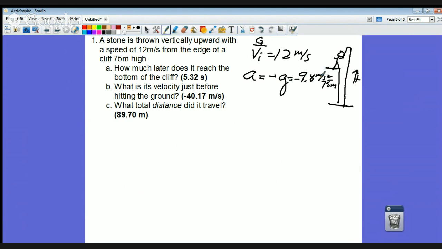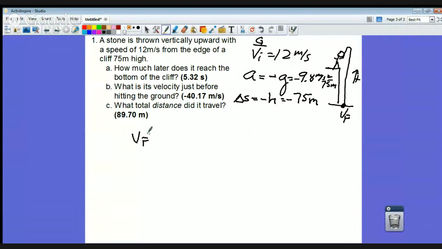And we know the change in position. So delta S, it's starting up here, and it's falling down 75 meters. So the change is going to be negative h, the height of the cliff, negative 75 meters. Okay. So the thing I don't know is VF, the speed down here. So I'm looking for that.